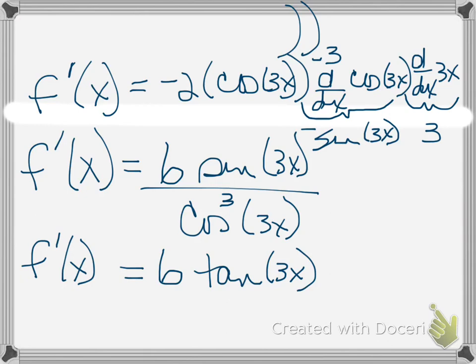You are left with 1 over cosine squared. And isn't 1 over cosine squared just secant squared 3x? So that is a very nice answer. And I would like you to eventually get it down to that point. So make sure you understand how I did that so that you also can do it. And then we'll go on the next page, we'll do question 5.